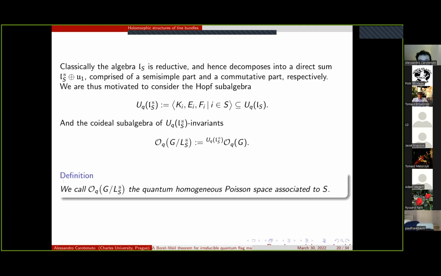So I don't know why the authors who defined these objects decided to call them Poisson spaces. Okay. I can send you some material later if you want, by the way.